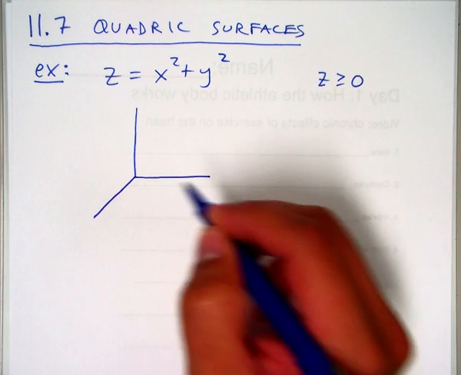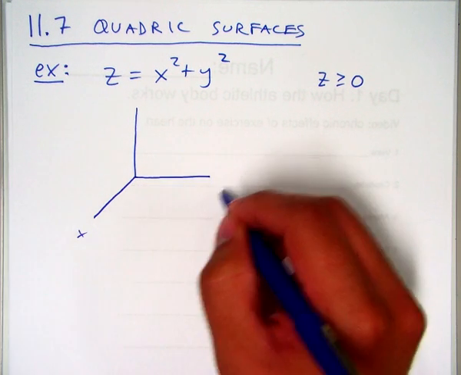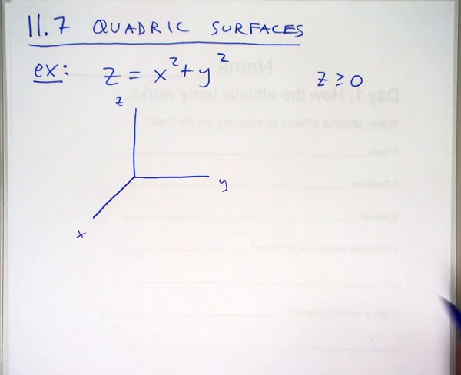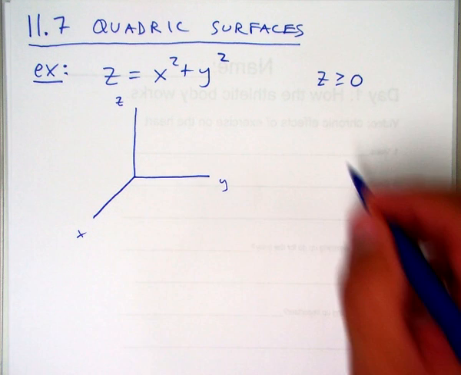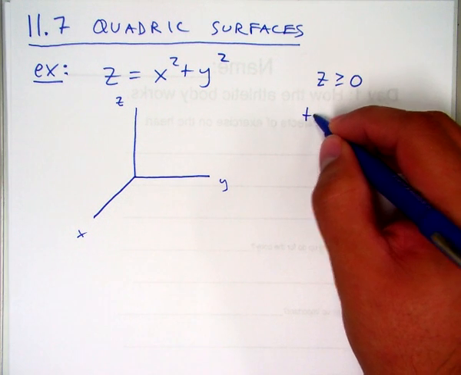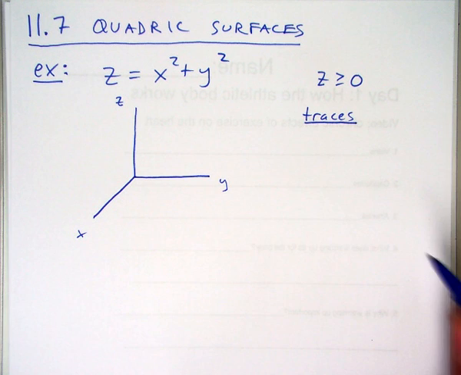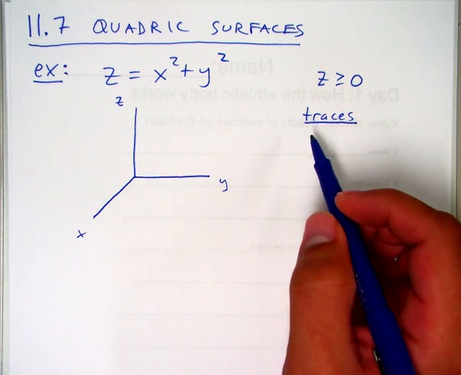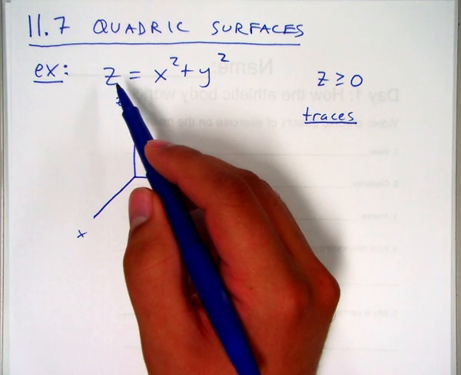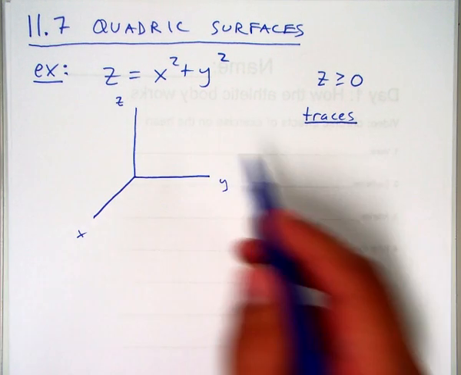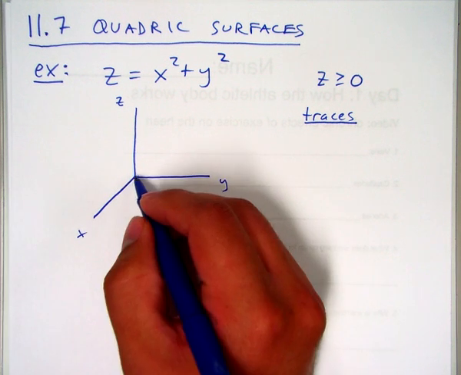So here's our xyz plane. And now what we can do is create something we call traces, which essentially involve just choosing z values. Like for instance, if I choose 0, that's not going to be very interesting because we're just going to get a point here.